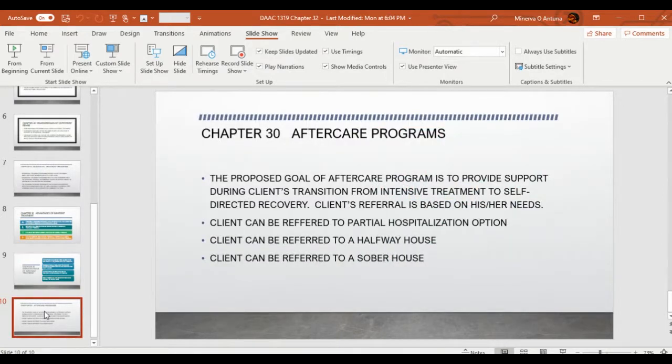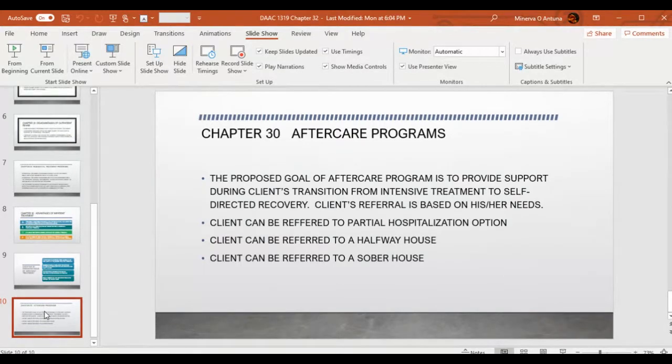So we look at one part: continuing participation in aftercare or self-help programs following treatment also appears to be one of those factors that are associated with success in treatment. So the proposed goal of an aftercare program is to provide support during clients' transition from intensive treatment to self-directed recovery.